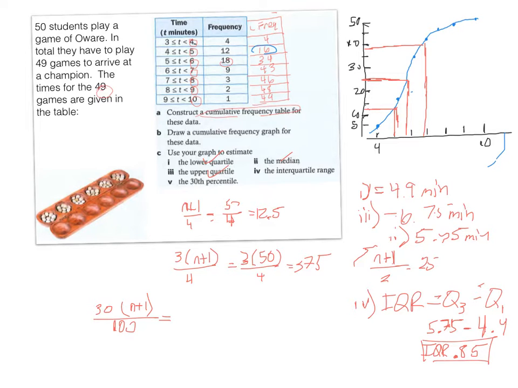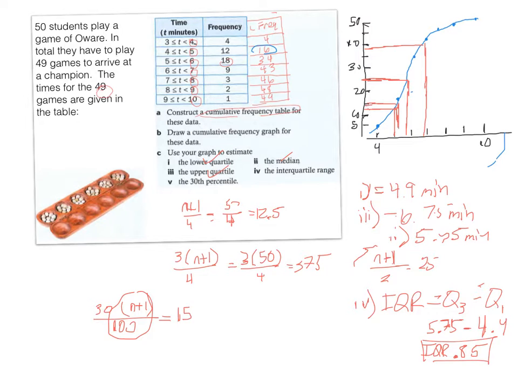So n plus 1 is 50, so over 100. 50 times 30 is 1,500 divided by 100 will be 15. You can also do 50 divided by 100, which would be 1/2, and multiply that by the 30. So we get 15.